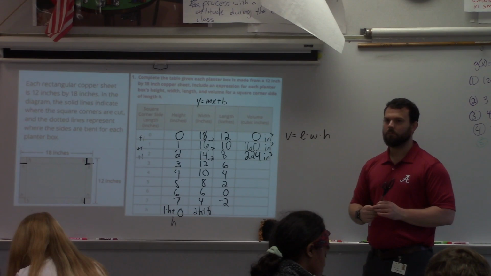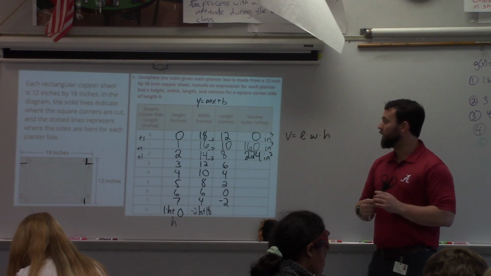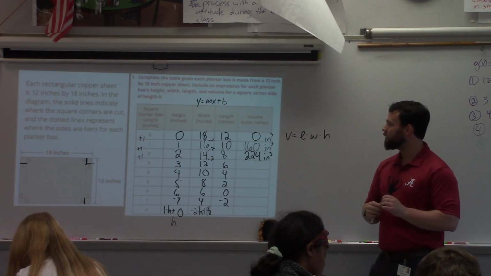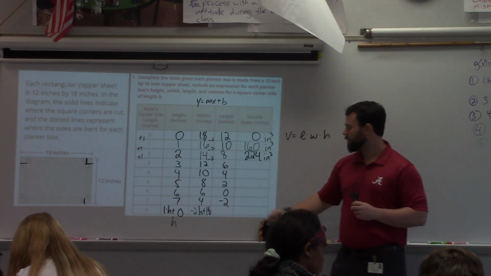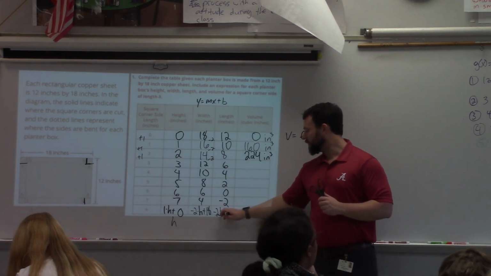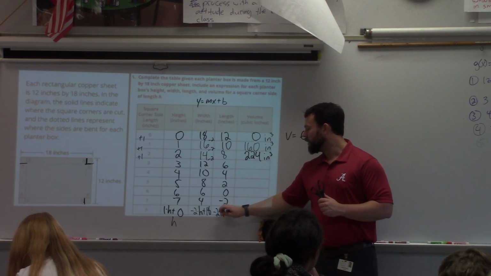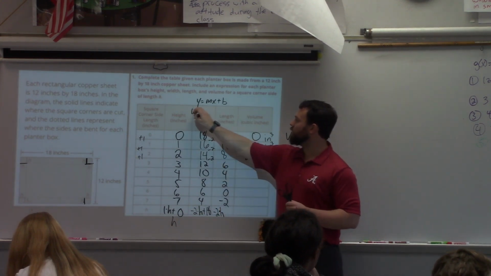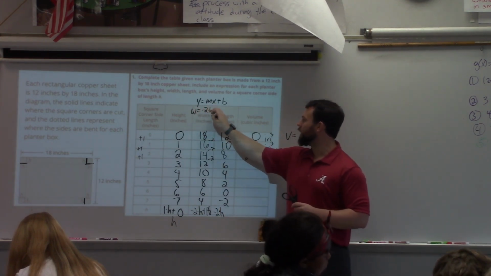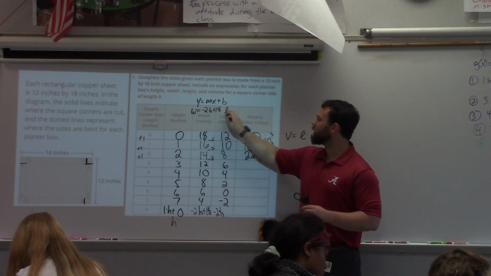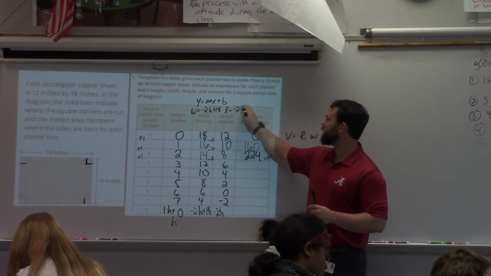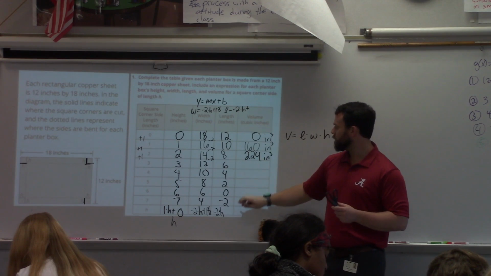I know it sounds gross. So what about for the length? Negative 2 times h, it's still based on h. So what we're saying is the width is equal to negative 2 times the height plus 18. The length is equal to negative 2 times h plus what? Plus 12.